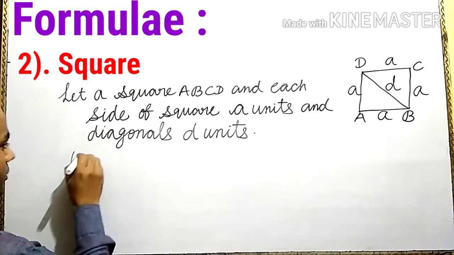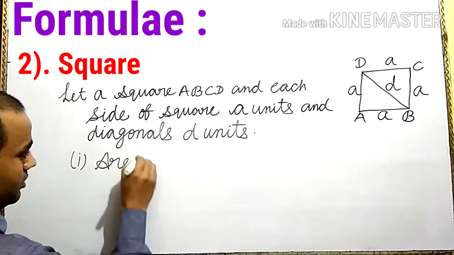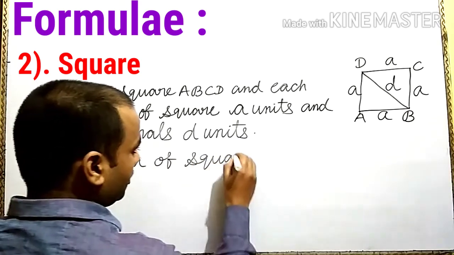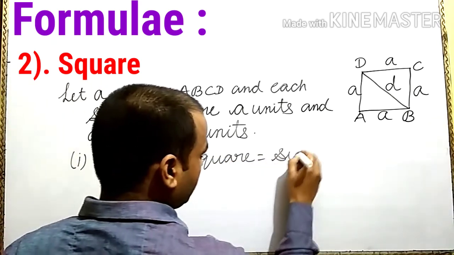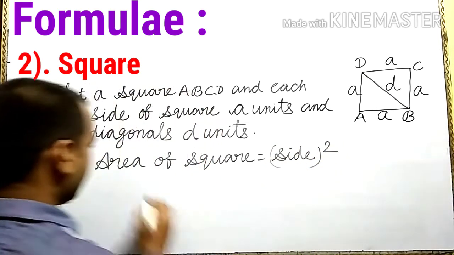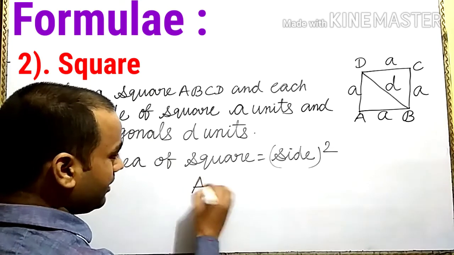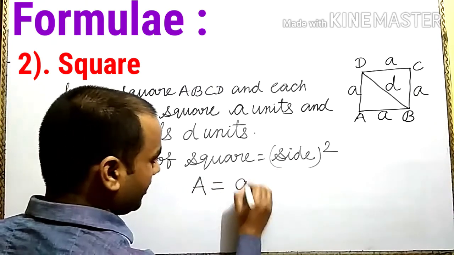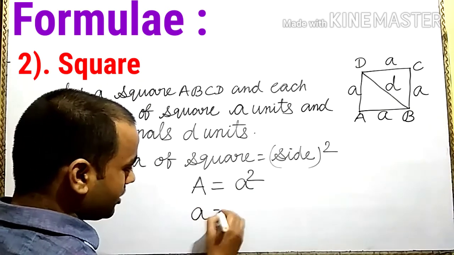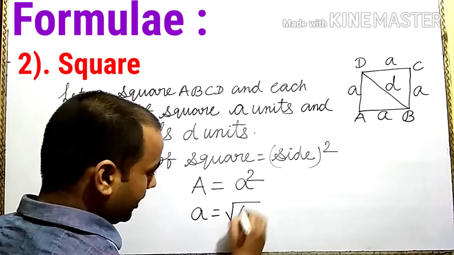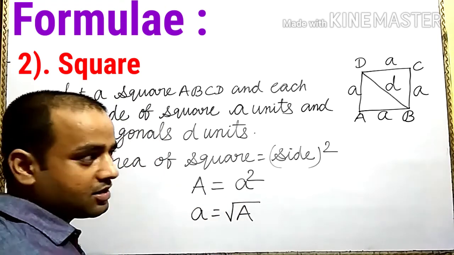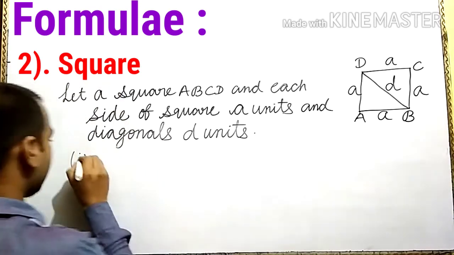First formula of a square. Area of a square is equal to side square. Side means one side. Area denoted by capital A is equal to side a square. Here for the conversion we find side is equal to under root area. Is it clear? Now let us discuss the second formula.